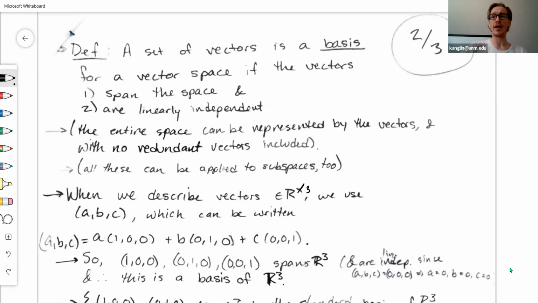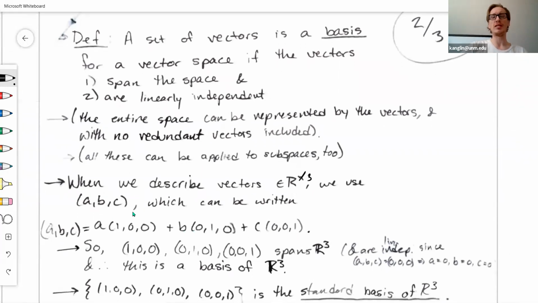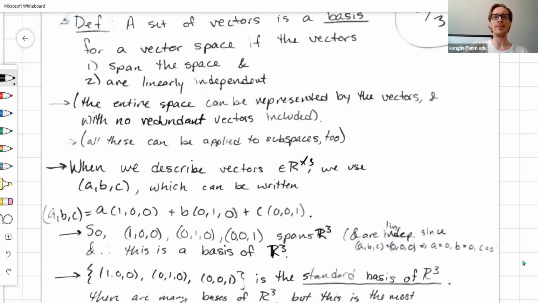And we notice then that any of these general (a, b, c) vectors in R3 can really be expressed as a linear combination of (1, 0, 0), (0, 1, 0), and (0, 0, 1). So since every vector in R3 can be expressed as a linear combination of these, that means these span R3.